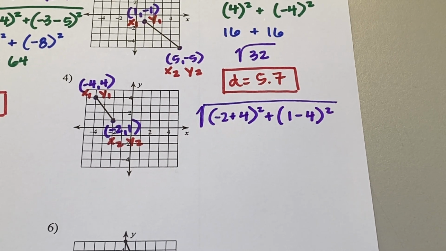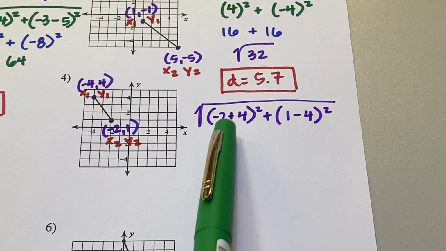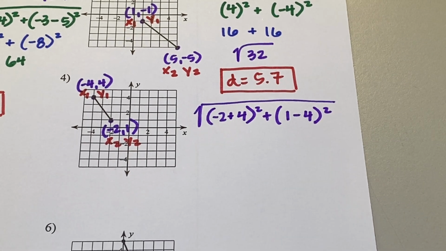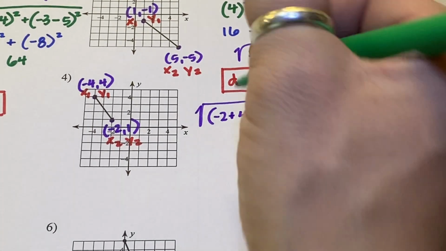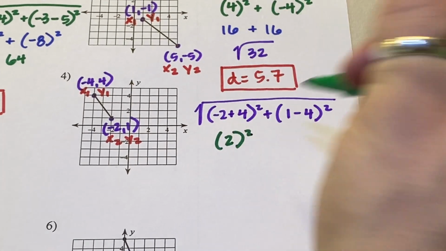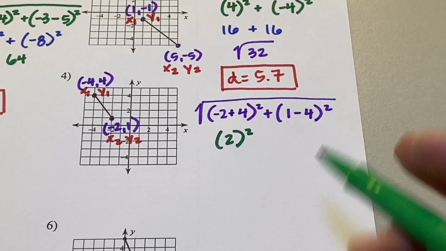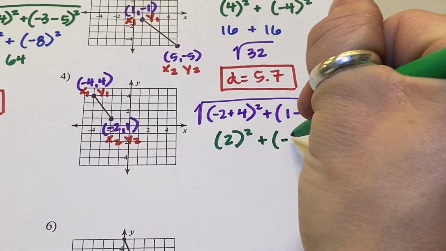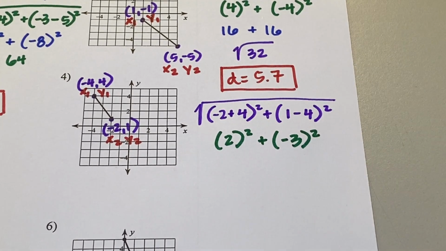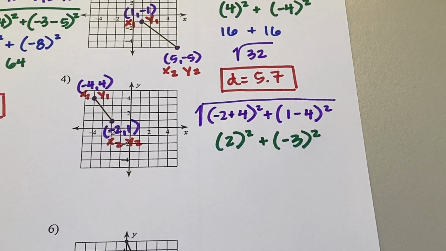Let's crunch these numbers. -2 plus 4? +2, so it turns into +2 squared. 1 minus 4? -3, so -3 squared.